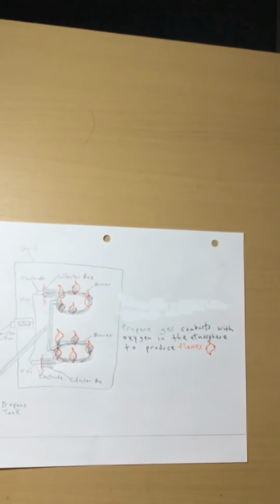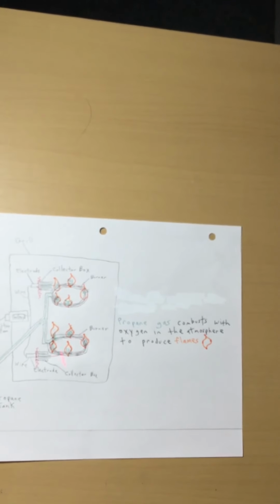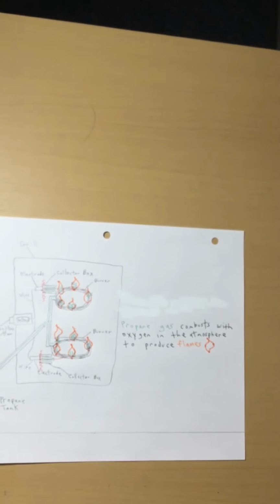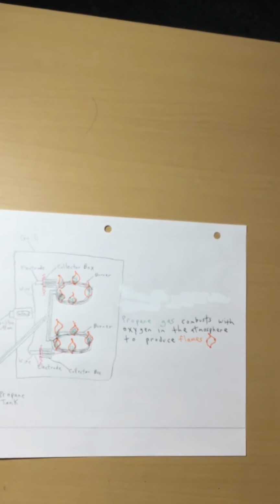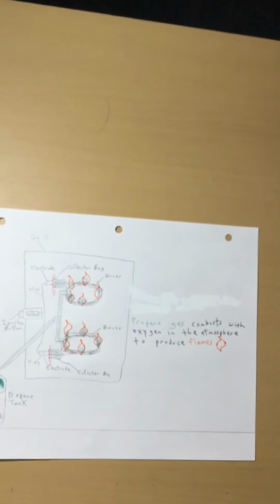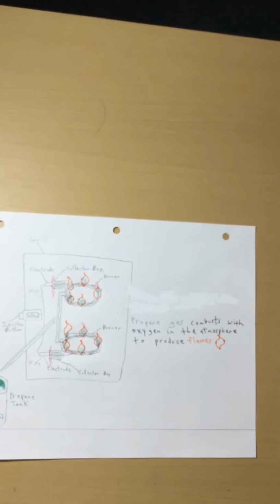And then actual flames form, right? And those flames, of course, are what we use grills for, right? We want good flames to grill our steaks and our chicken wings and our ribs, and that type of thing, right?